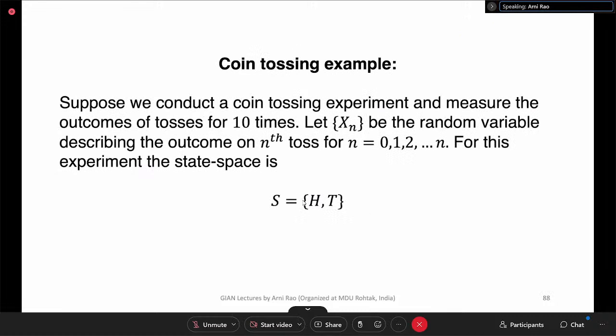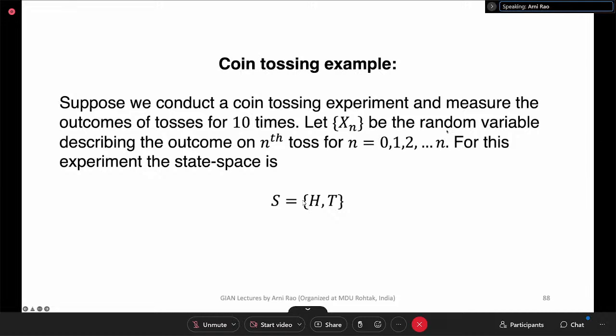Again, the coin toss example. Xn, we can keep on tossing the coin infinitely many times. The state space remains the same, h comma t, but the sequence does matter. Suppose we conduct a coin toss experiment and measure the outcome of tosses 10 times. It could be a larger number of times.